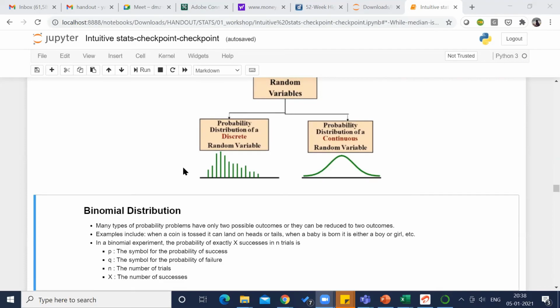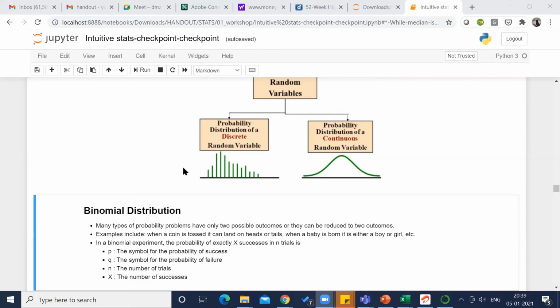So guys, if I have a fair coin, every time I toss a coin, there is a 50% probability of me getting a head. So if I'm tossing the coin 10 times, there is a very high probability that 5 times I will get heads and 5 times I'll get tails. That is what has the highest probability, right?